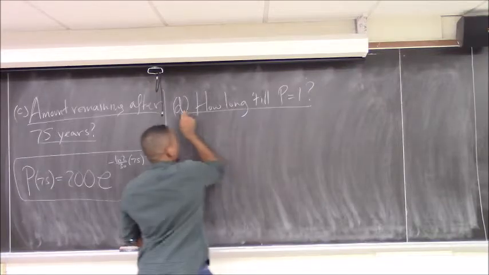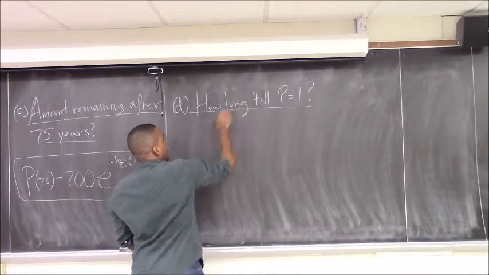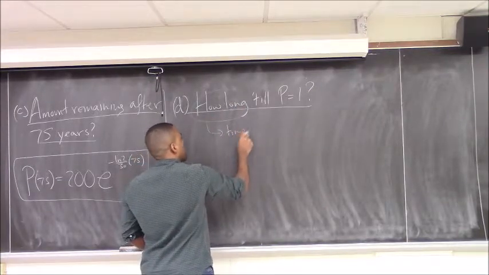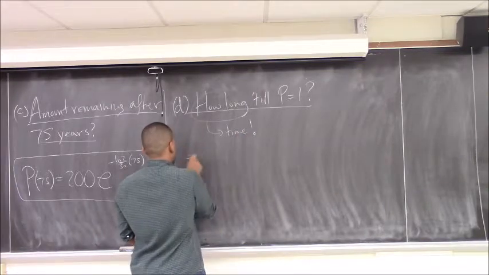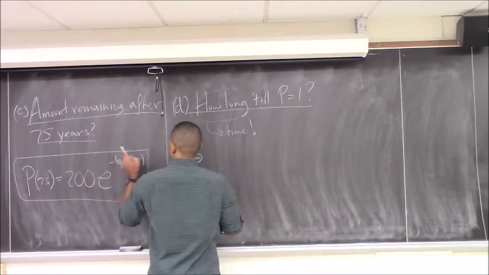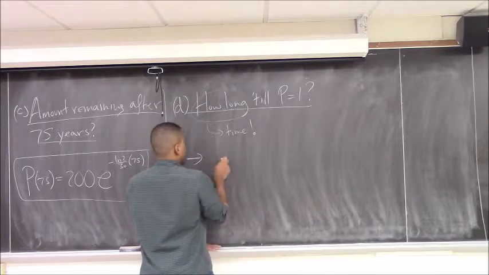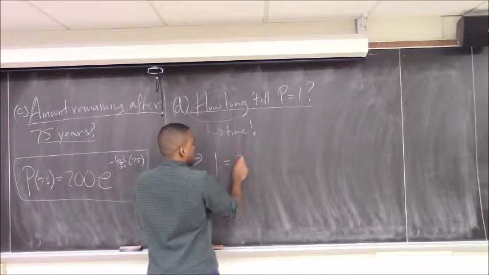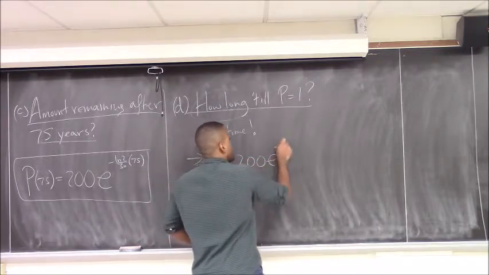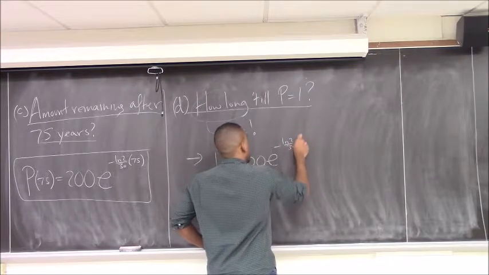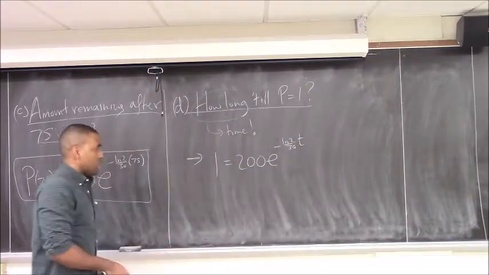How long means you want time. So you go over to the general formula, which I believe we did in part B. You plug in 1 on this side, 200 e to the minus ln 2 over 30 t. You want to solve that for time.